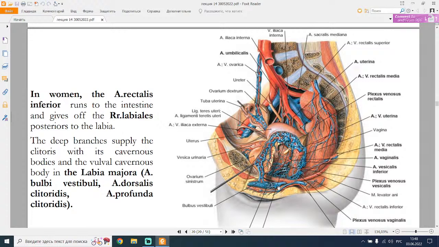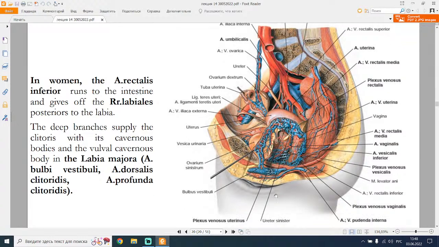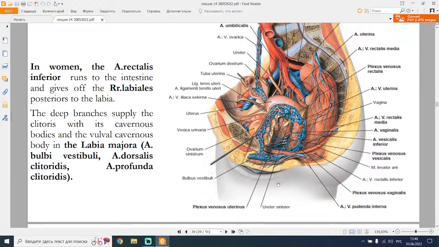The deep branches supply the clitoris with cavernous bodies and the vulval cavernous body in the labia majora. Arteria bulbi vestibuli, arteria dorsalis clitoridis and arteria profunda clitoridis.